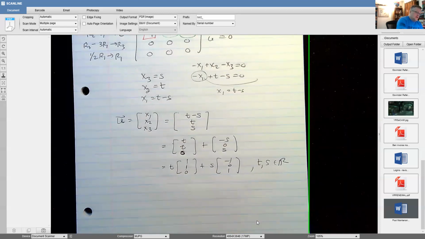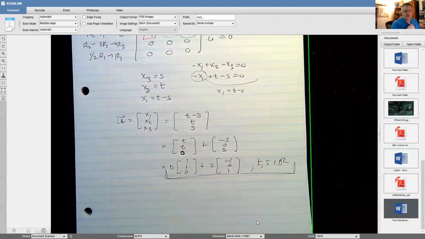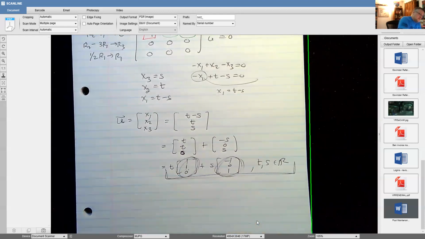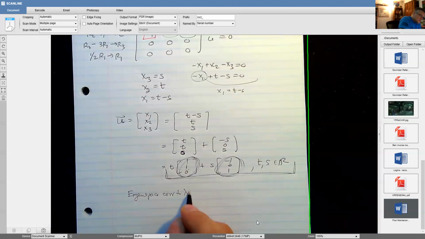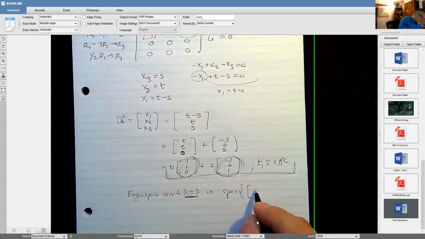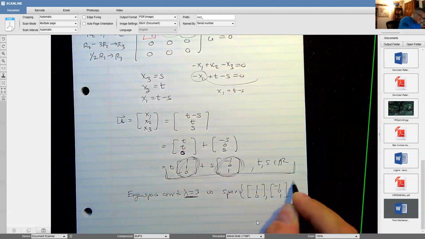Okay. And so notice what the structure is here. All of the eigenvectors corresponding to lambda equal to 3 are linear combinations of these 2 vectors this time, not just one, they're 2 vectors. And so by definition, the eigenspace corresponding to lambda equal 3, that repeated eigenvalue, is a span of 2 vectors, namely 1, 1, 0 and negative 1, 0, 1.